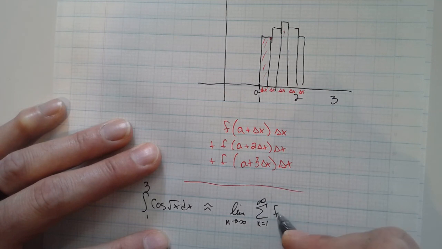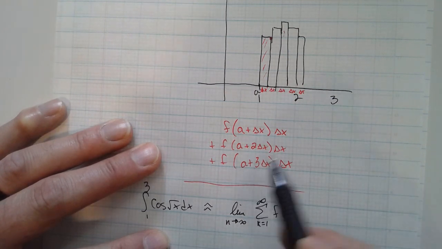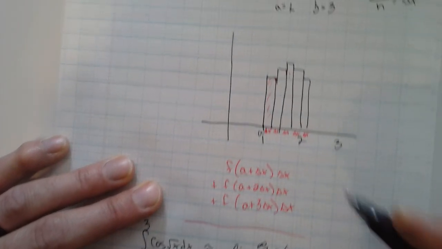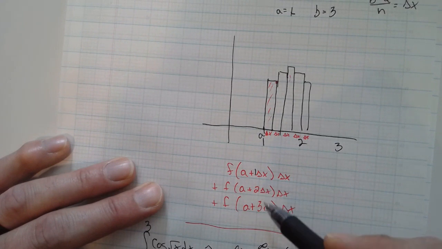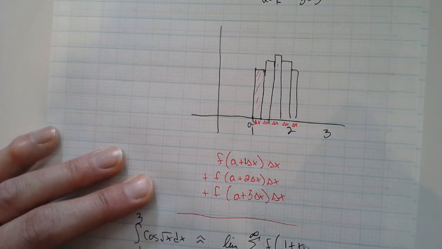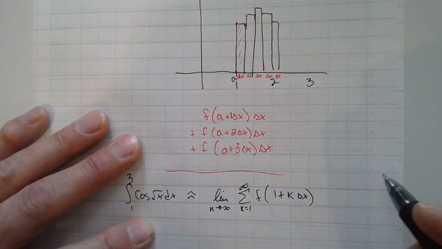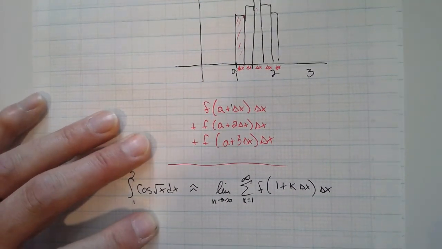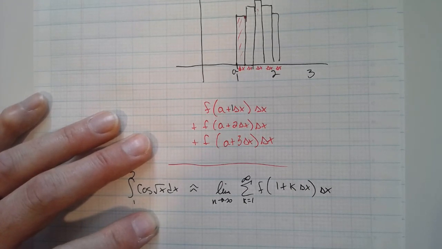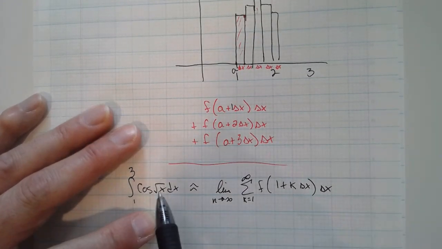So f of our a, the same a we said is up here, 1, plus, and you can see that our first k is 1 and then 2 and 3. So we can say k times delta x, times delta x. If we add up all of those, we have our approximation of our integral.